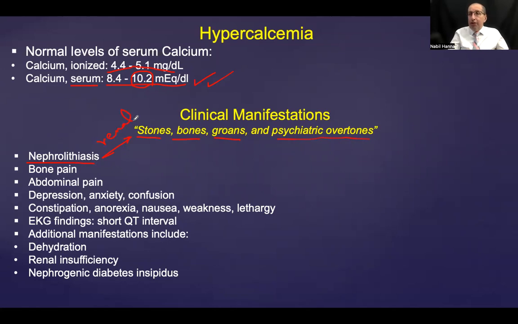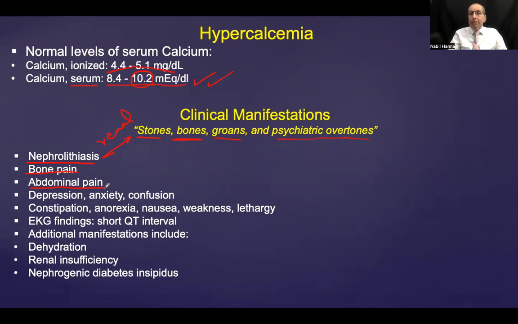And this too much calcium in the blood, where does it come from? It comes from bones, because the parathyroid hormone, which is the major cause of hypercalcemia, has stolen calcium out of bones. So you start getting bone pains, and your bones become fragile, and they might even fracture. That's the second word in the mnemonic, bones. And for some unknown reason, patients with hypercalcemia develop abdominal pain, and that's the abdominal groans.